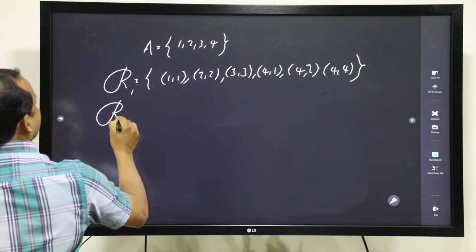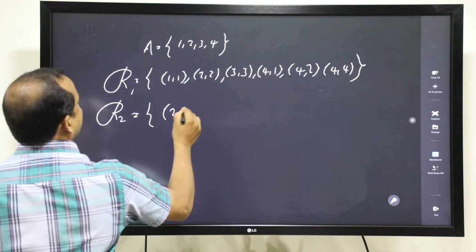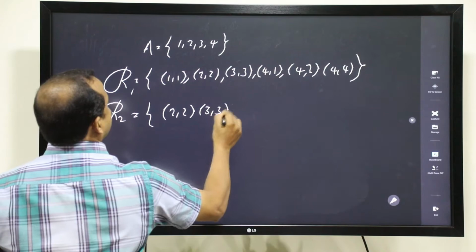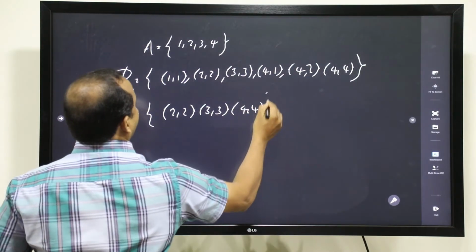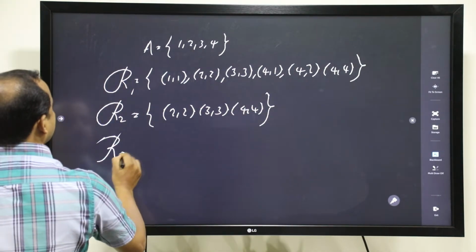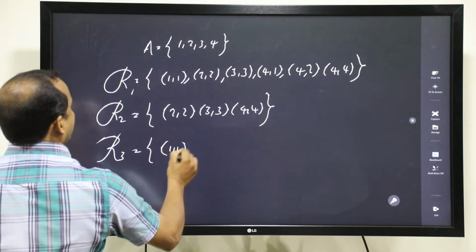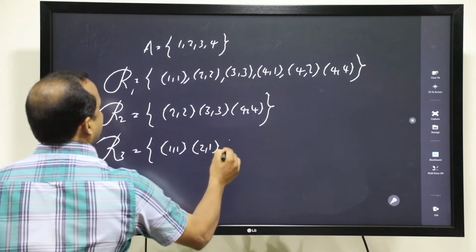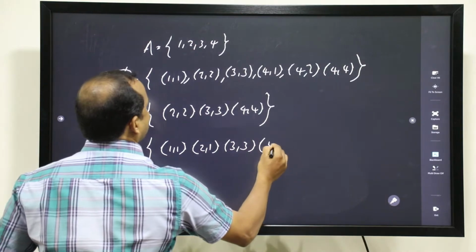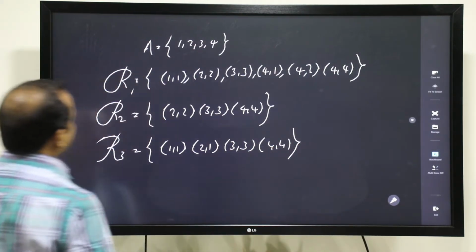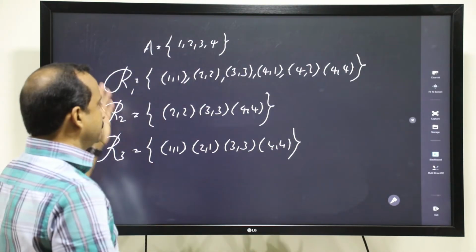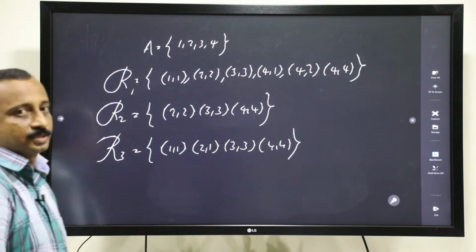Okay, R2 = {(2,2), (3,3), (4,4)}. R3 = {(1,1), (2,1), (3,3), (4,4)}. Okay, here R1, R2 and R3 are given. Check whether these relations satisfy reflexive condition.